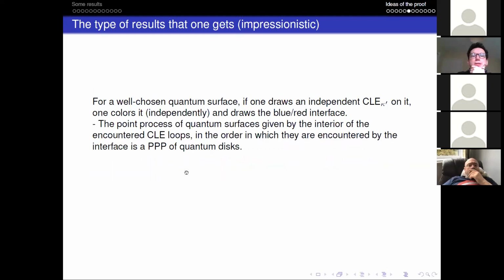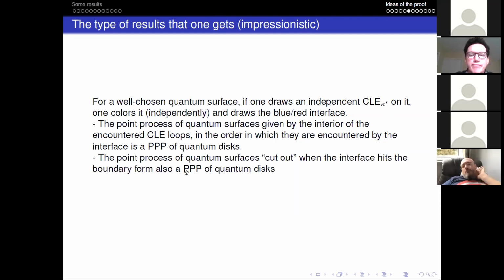So this is the first result that I mentioned. The point processes of quantum surfaces that you discover correspond to a Poisson point process of certain quantum surfaces called the quantum disks. There's an additional feature, which is the more difficult one, which is to say that the surfaces that are cut out, that you leave aside when the green interface hits a boundary, also form a Poisson point process of quantum disks.